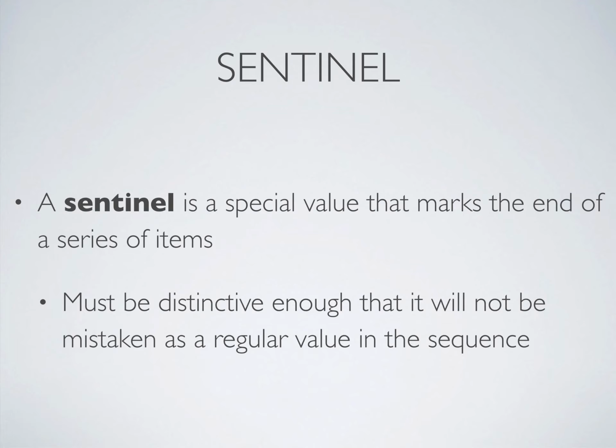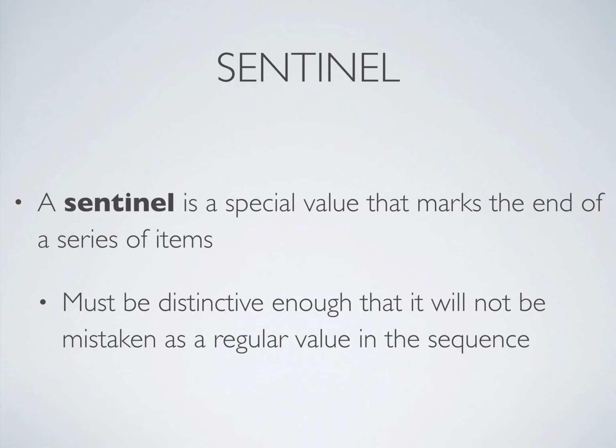So again, the use case is that you have a sequence of data values, but you don't know how many you're going to get. To know when to stop asking for more, when to stop running your loop, you can have some value that is like a flag that marks, okay, once you hit this value, that's the end, and you can stop asking for more.